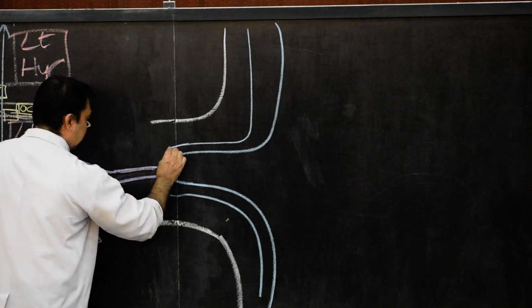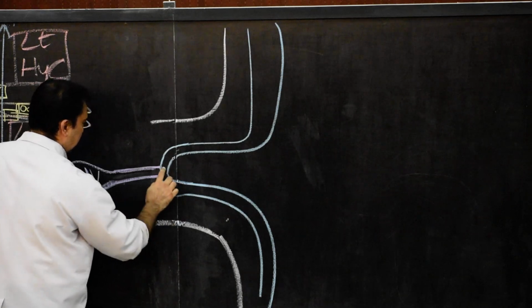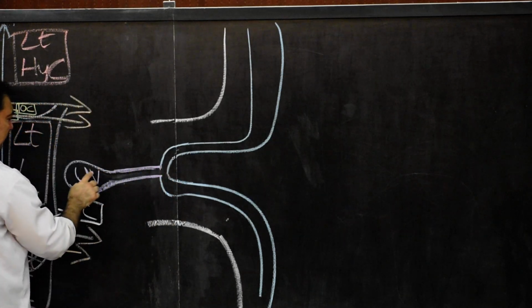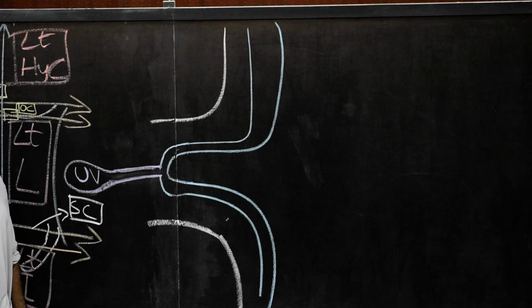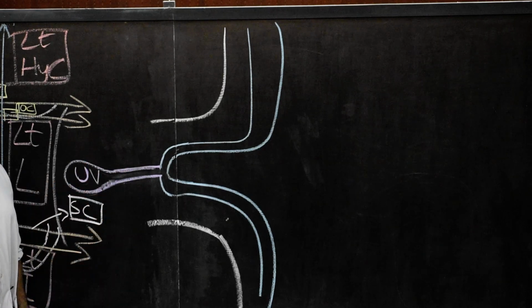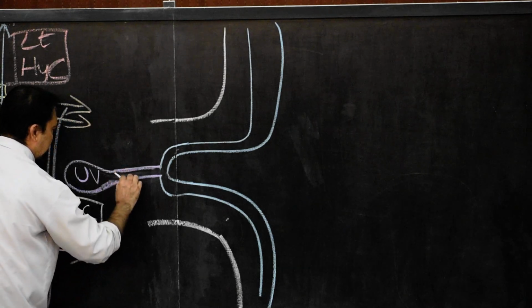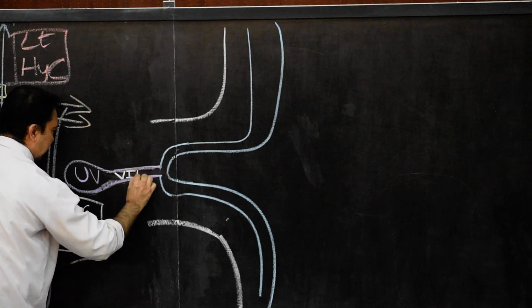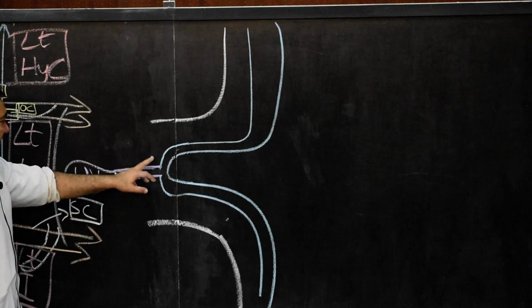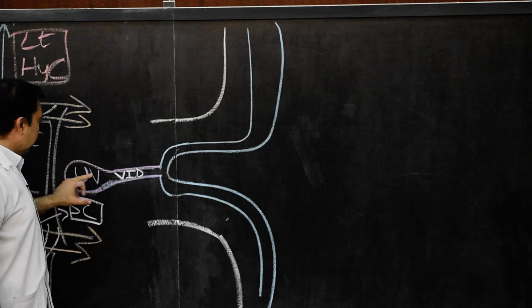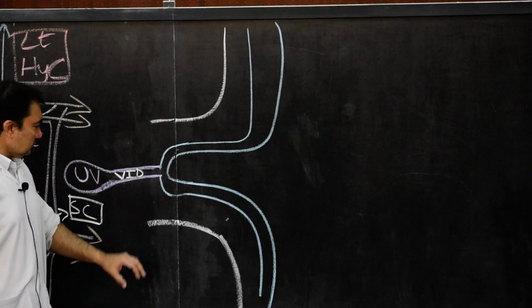So the vitellointestinal duct will connect the midgut with the umbilical vesicle.